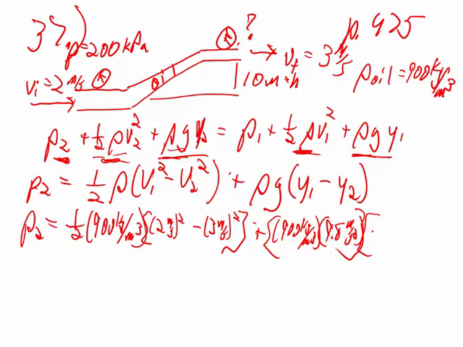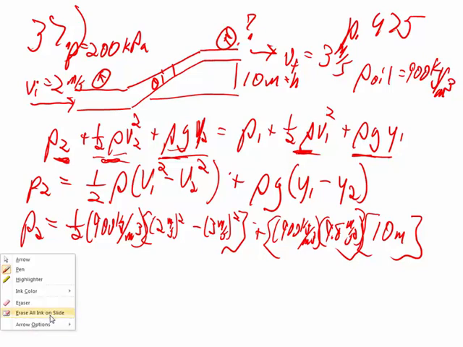Y1 is, of course, at 0, so it actually comes out to be 10 meters. It's not going to be a negative answer. You don't get negative pressure. All right, now I'm going to pause and we're going to calculate that and then see what y'all get.